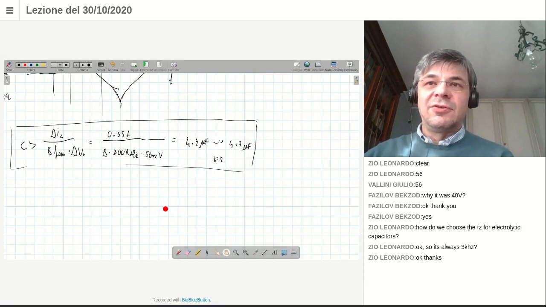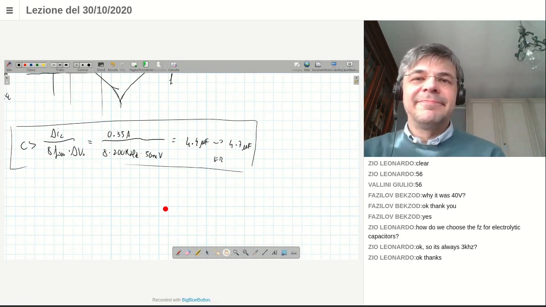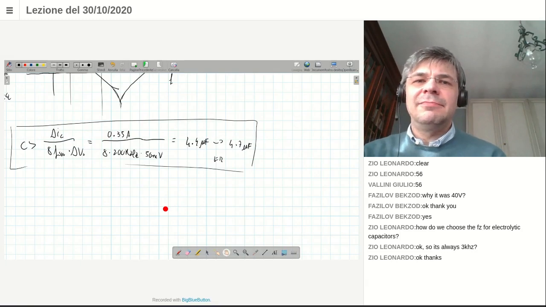If you choose a different technology, possibly more expensive, you may have higher Fz. But for the same technology, no matter the value of the capacitance, Fz is more or less the same. Okay? Any other questions?